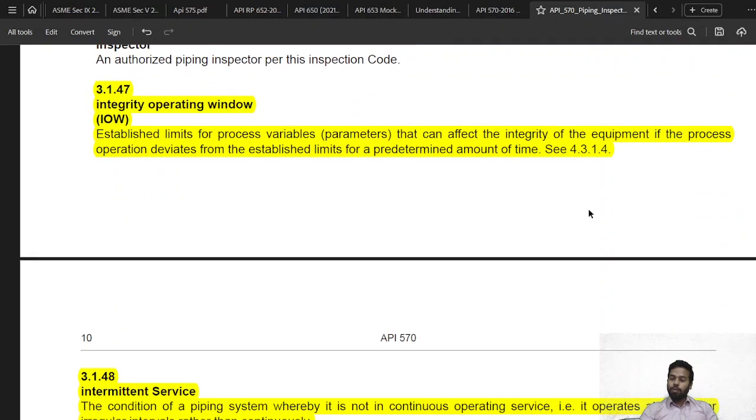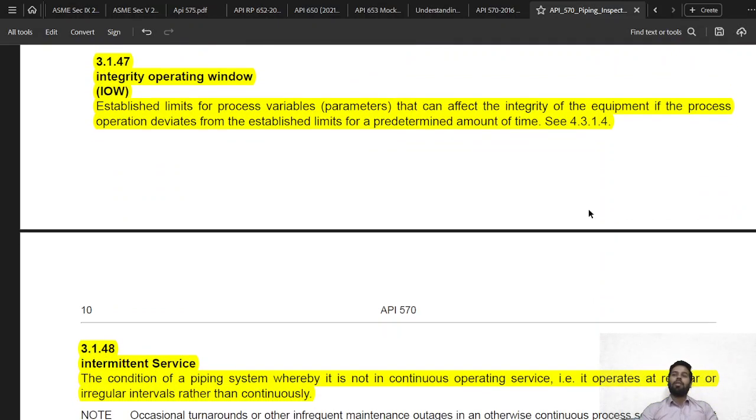Integrity operating windows. Let's imagine I have a piping system and it is mentioned in the documents that this piping system should not go below 17 degrees Celsius at the lower temperature range and above 200 degrees Celsius at the higher temperature range. Okay, so the pipe should be maintained at 17 to 200 degrees Celsius.